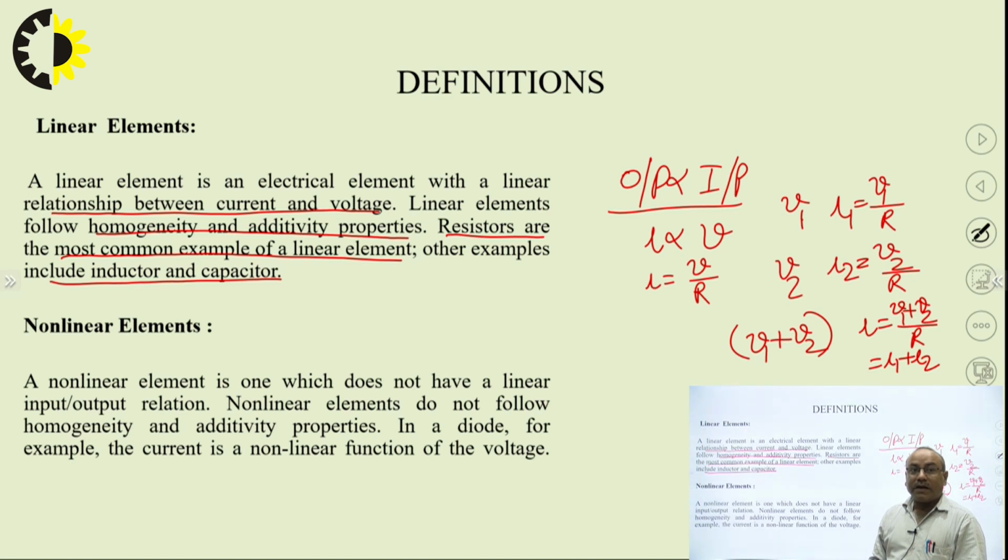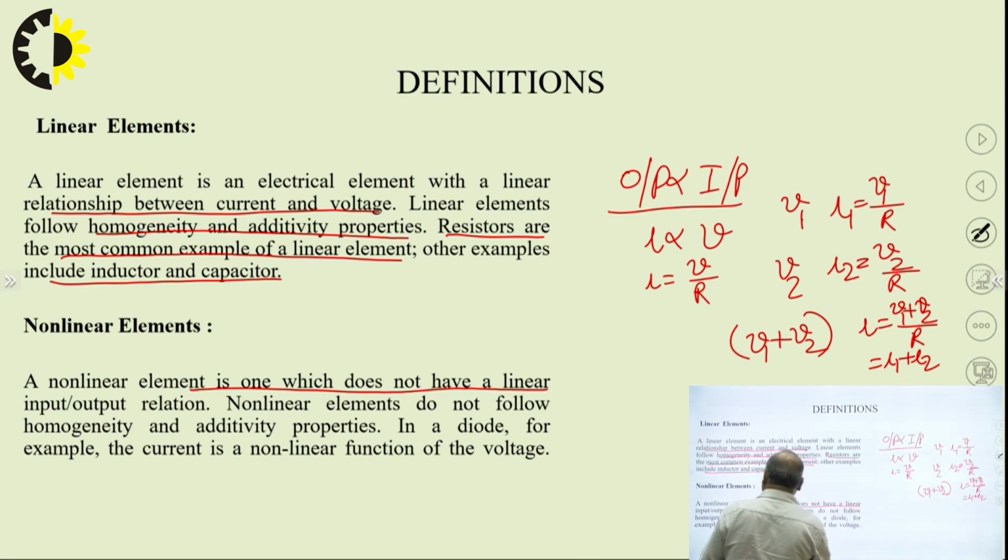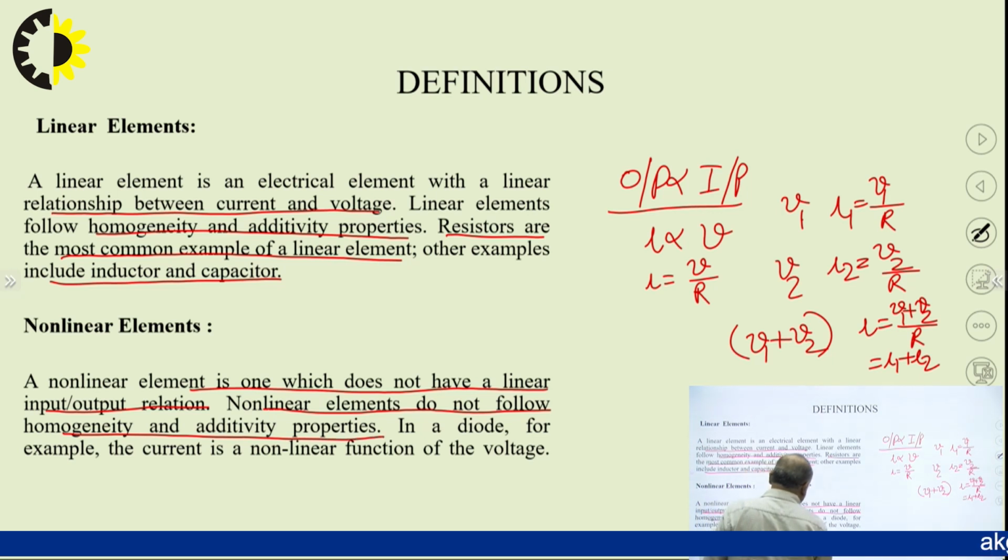On the other hand, we have non-linear elements. In a non-linear element these properties are not satisfied. It is an element in which there is no linear relationship between input and output, and it does not follow the homogeneity and additivity properties.